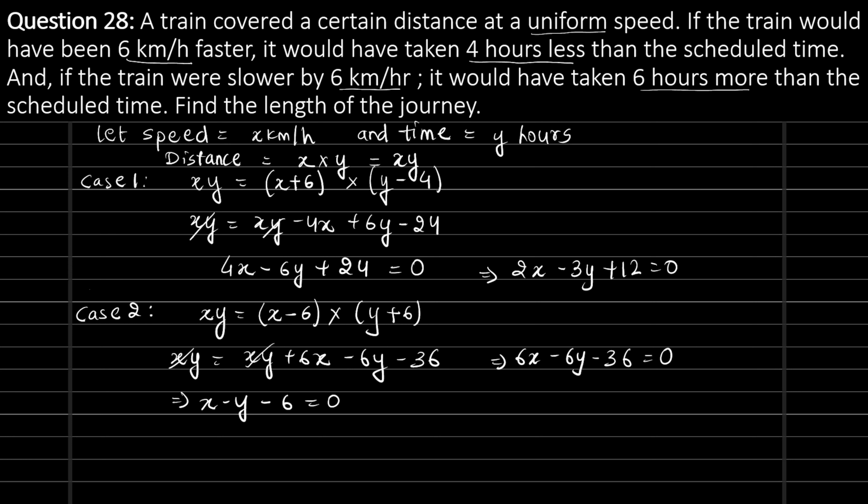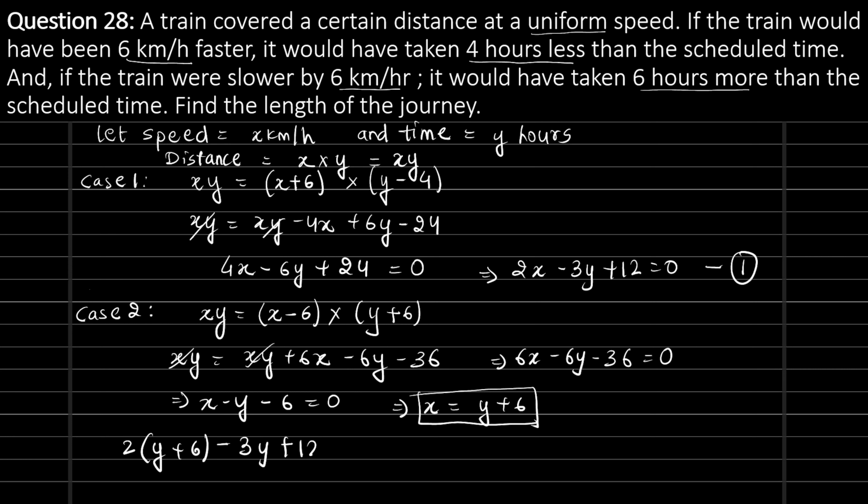Now from here itself we can apply substitution and get the values of x and y. How? Let's take x equals y plus 6 from this equation, and substitute this value of x in our first equation. So we are going to obtain 2 into y plus 6 minus 3y plus 12 equals 0.